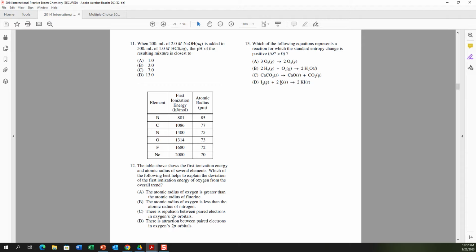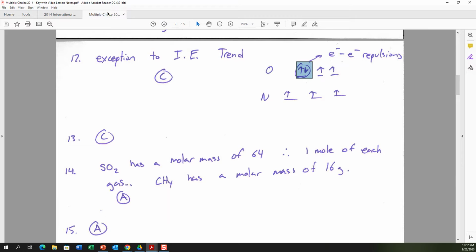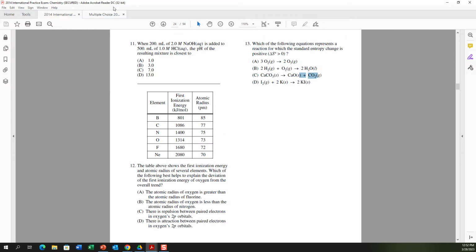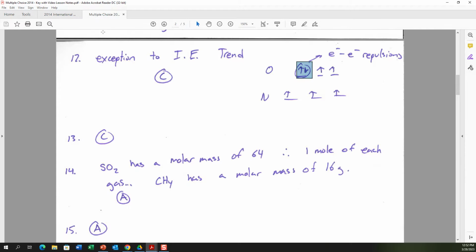We have a gas on this side, no gas on that side, so this would be a negative delta S, but notice we have just a solid on this side, and then we end up with a solid and a gas. So this would be the positive delta S there. So 13 should be choice C. Yeah, C it was. Okay.